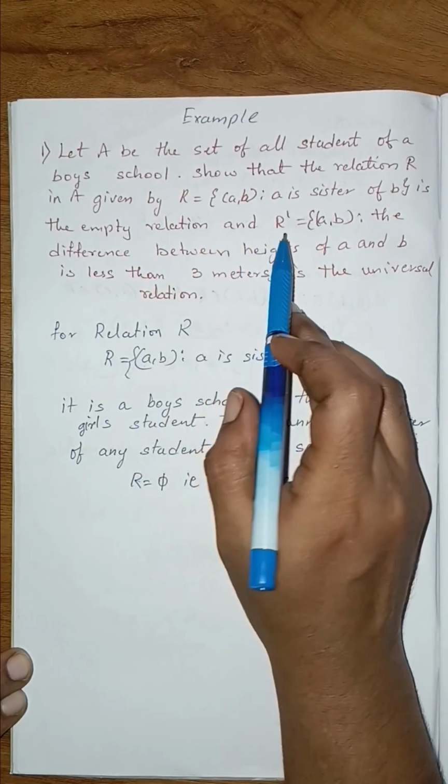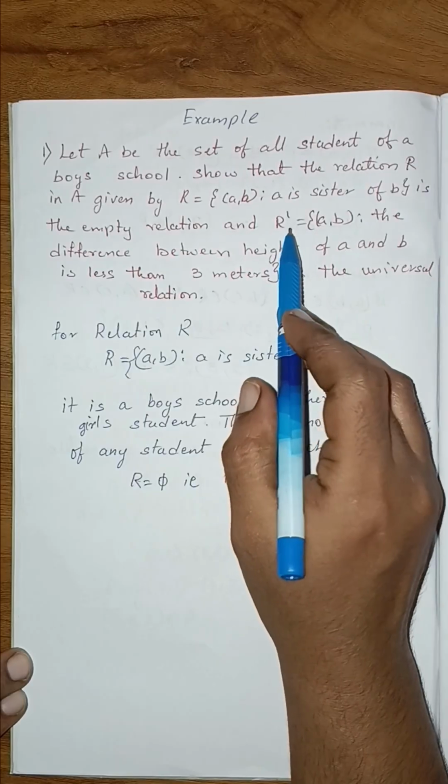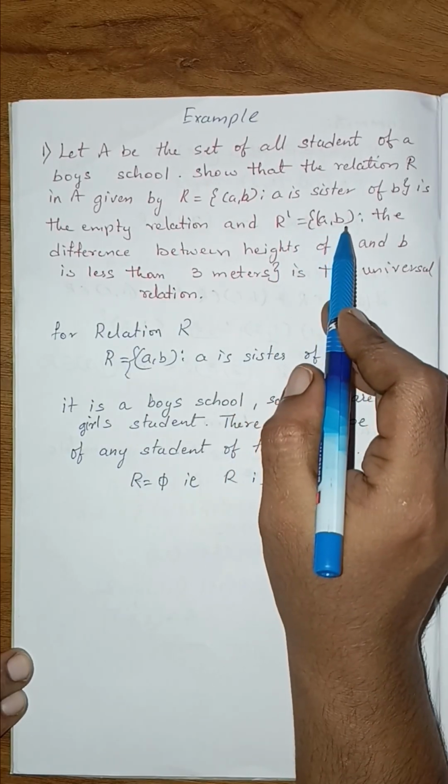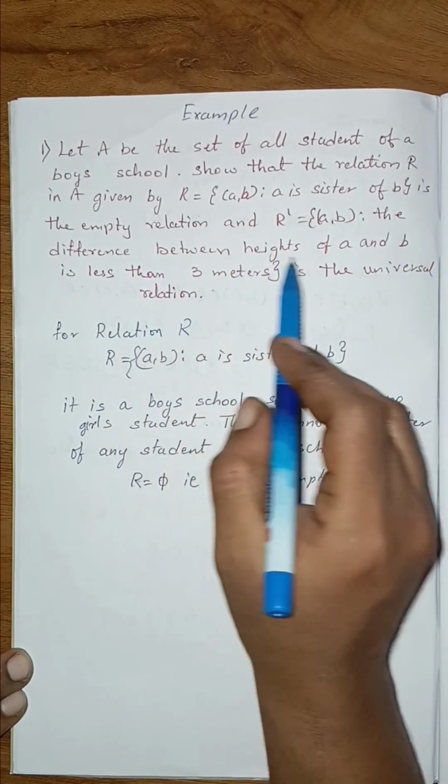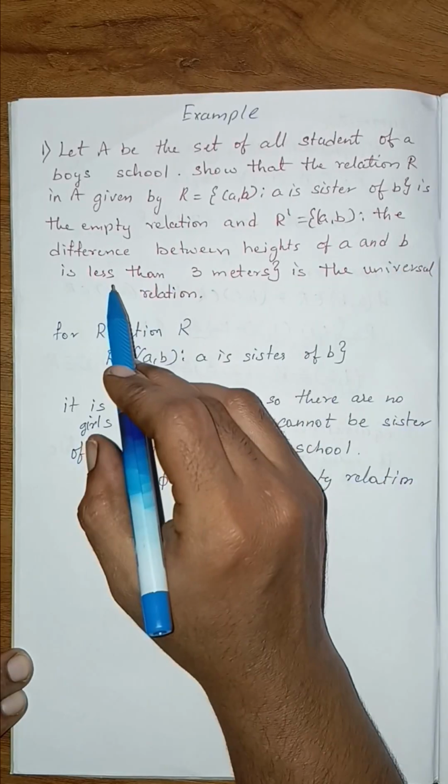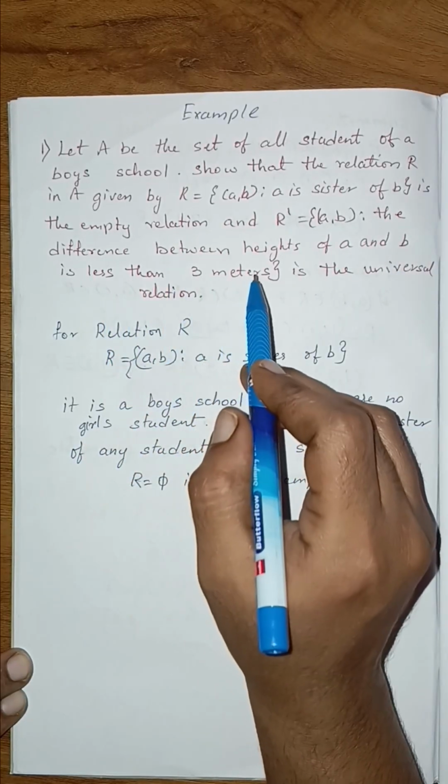Next is R'. R' is (a, b) where the difference between the height of a and b is less than 3 meters.